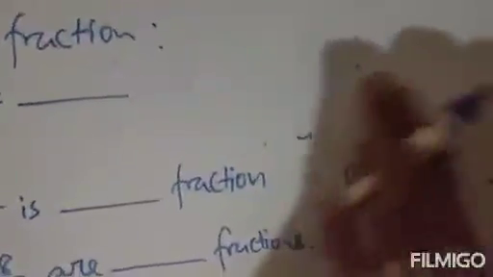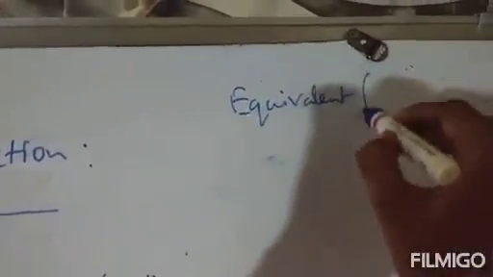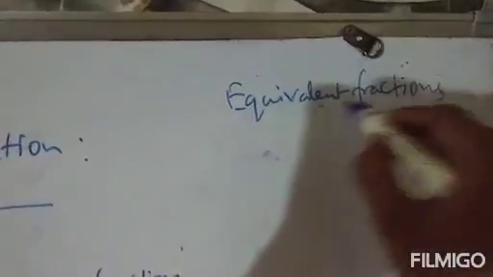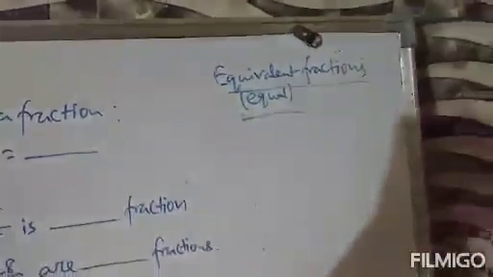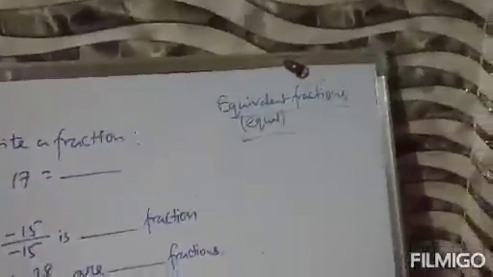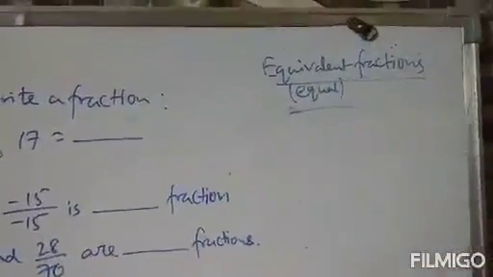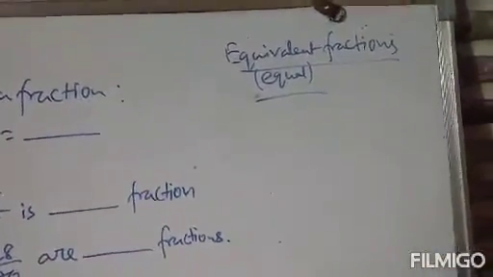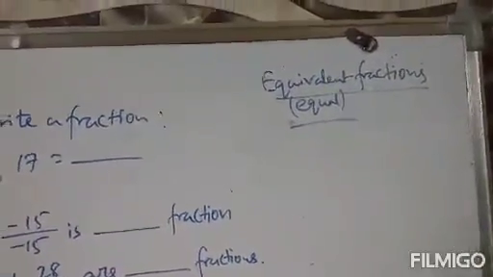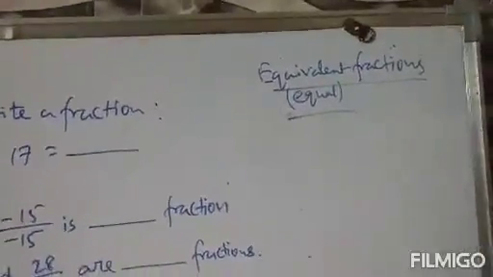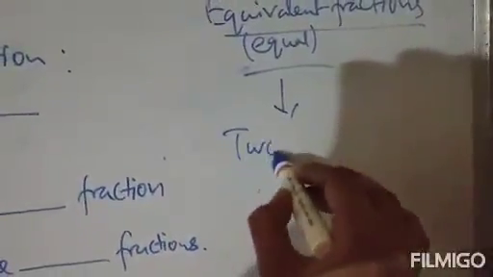Next category of fraction, and this is very important, is equivalent fractions, or sometimes known as equal fractions. Both are the same. Now, what are equal or equivalent fractions? Two or more fractions having the same value are known as equivalent fractions or equal fractions.